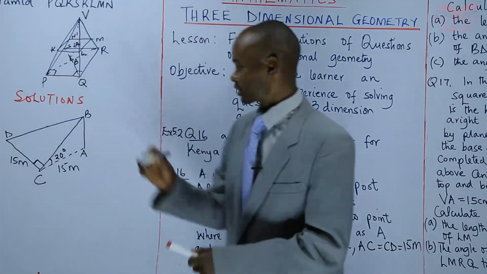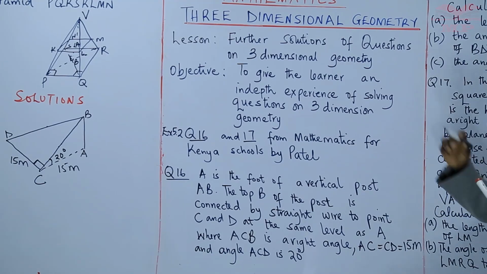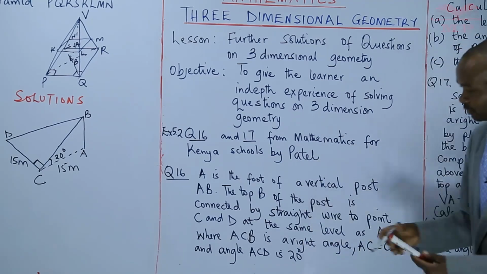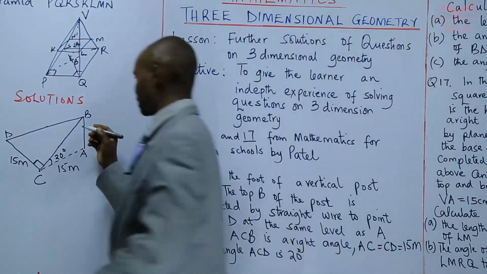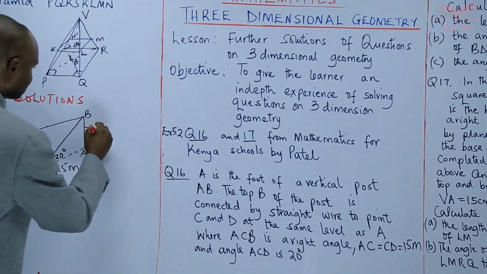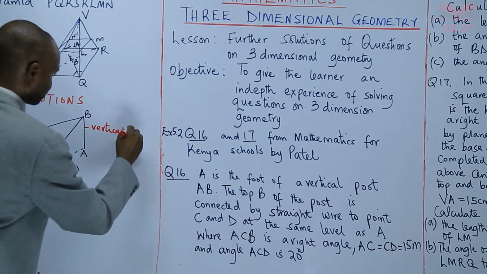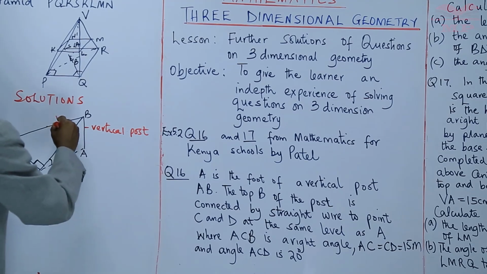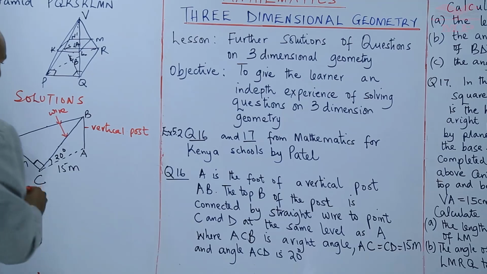After having that sketch, it is very easy for you to move. I've absorbed all that is in the question and put it into a sketch, where this is the vertical post and these two are my taut wires.